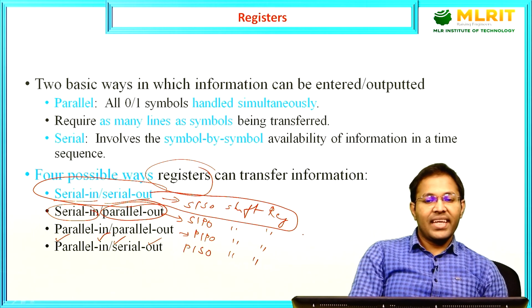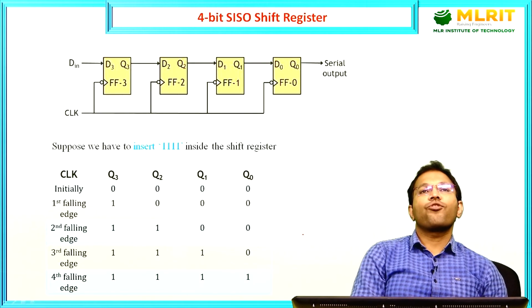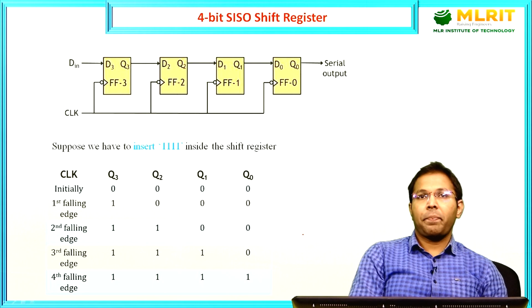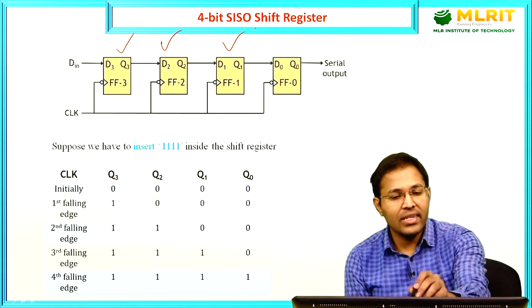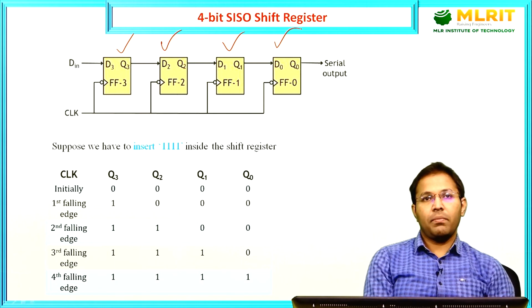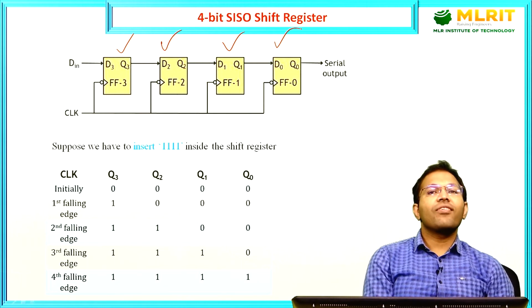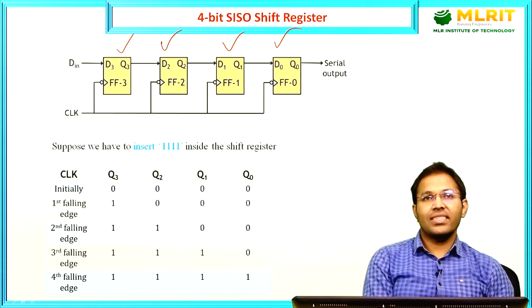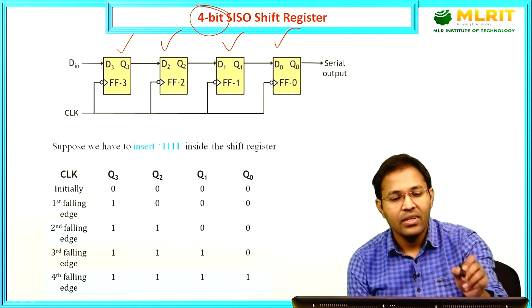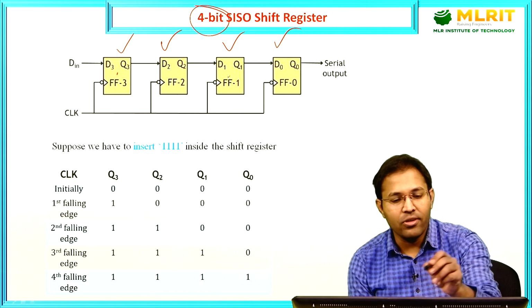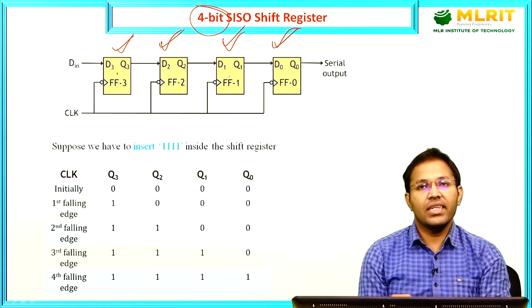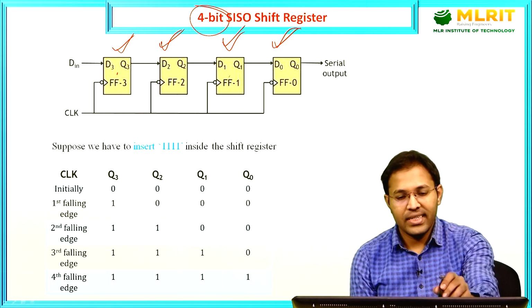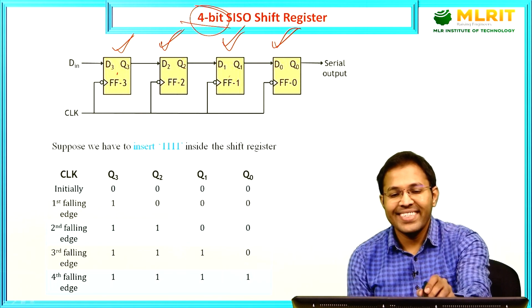So, this is the circuit diagram of 4-bit SISO shift register. Fine, as we have discussed, you have flip-flops. Each flip-flop can store 1 bit of information. So, 4 flip-flops together, they can store 4 bits of information. So, this is a 4-bit register, 1, 2, 3, 4, hence 4-bit SISO.